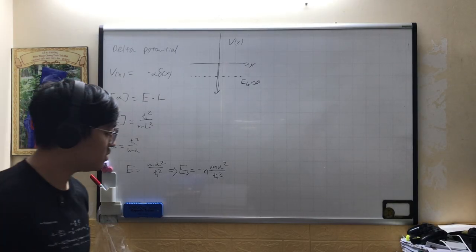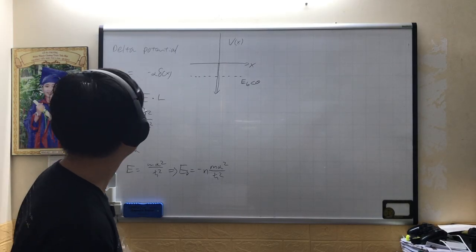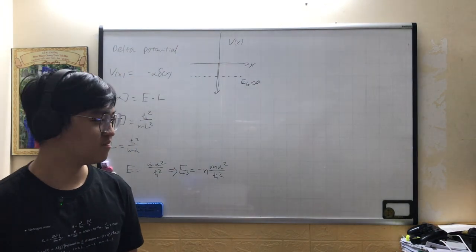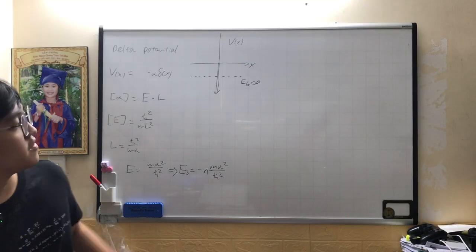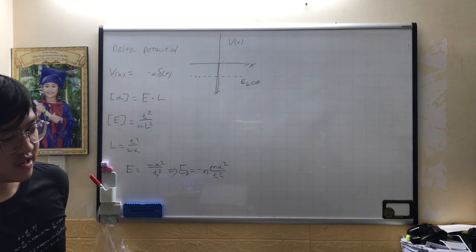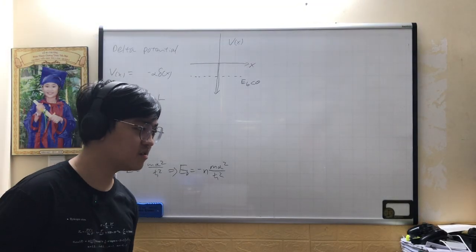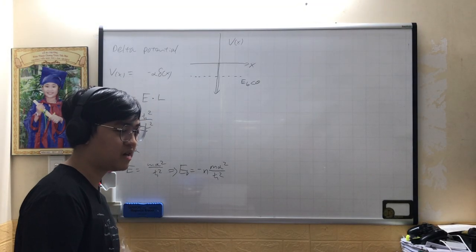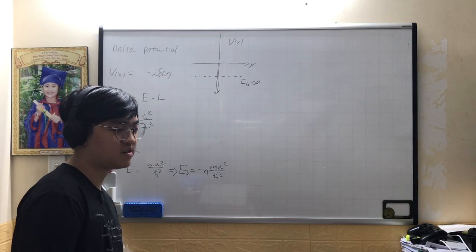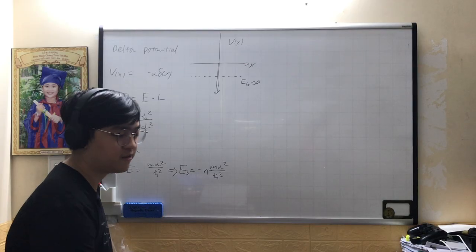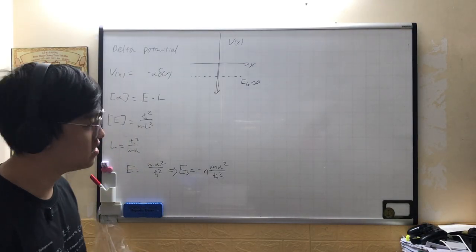And when we consider delta potential, I would make an example from the infinite square well potential. Outside of the infinite square well potential boundary, there is infinite potential, meaning no wave function can exist outside.